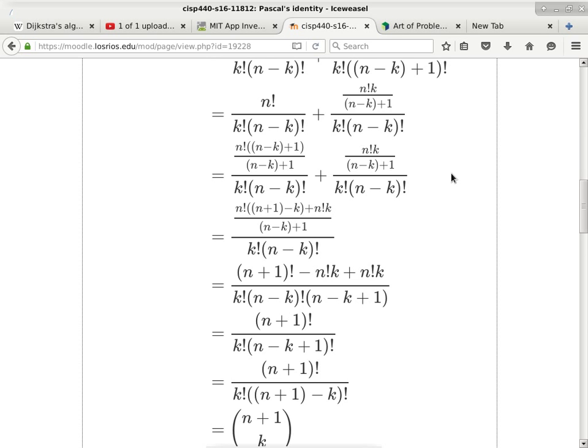Not i, because i is an iterator, so i goes away when the left-hand side is evaluated. i goes to n. But this is 2 to the power of n. So you can now see a kind of weird connection, because it looks like combinations have something to do with the power of 2 also. Well, it kind of does.